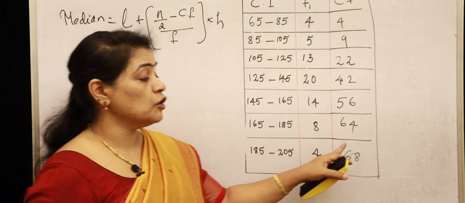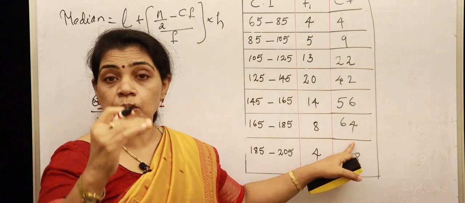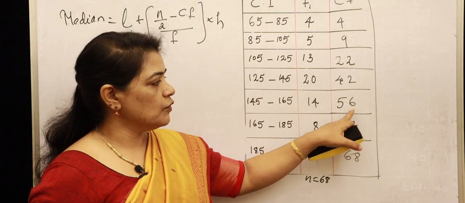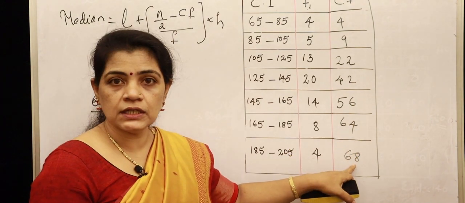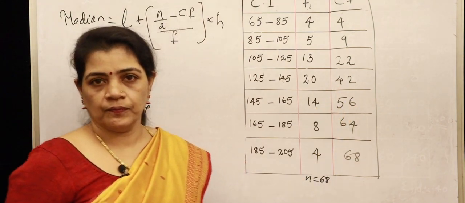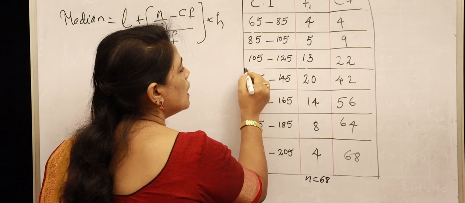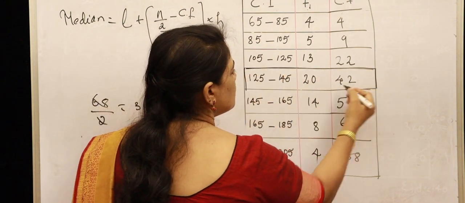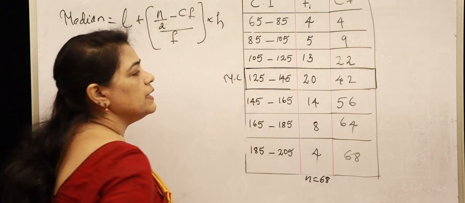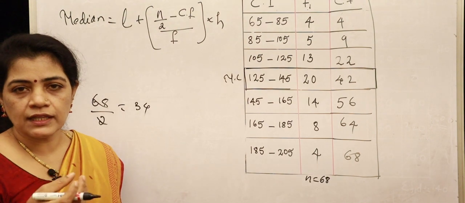See in the cumulative frequency column, the cumulative frequency just above 34. 58 and 64 are all above 34, but we need just above 34, that is 42. The class corresponding to this cumulative frequency will be the median class. That means this is the median class. I think the idea is clear how to locate the median class.